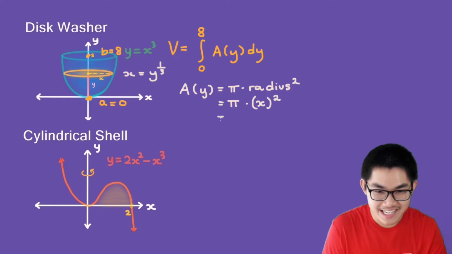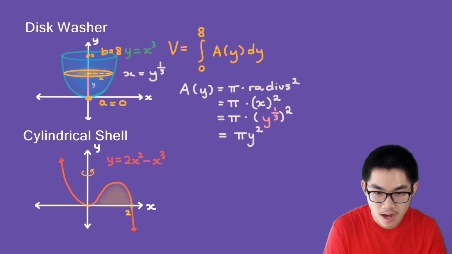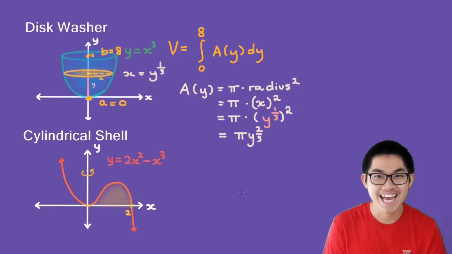So finally, the area is equal to pi times y to the power of 1/3 to the power of 2. And that will simply give us pi times y to the power of 2/3. Now that we found the area of the cross-section, we can go ahead and substitute it back into the integral.